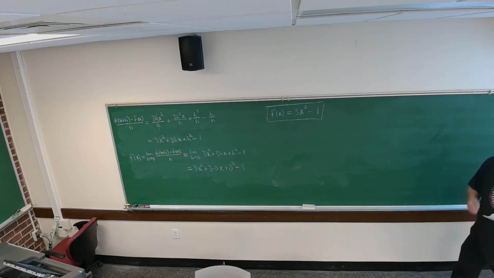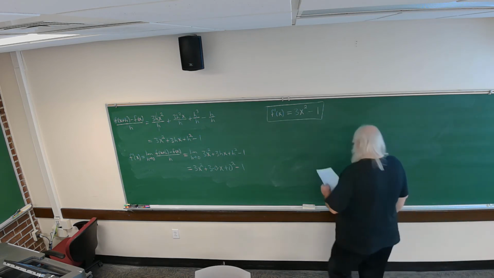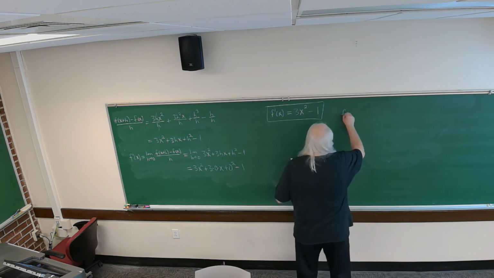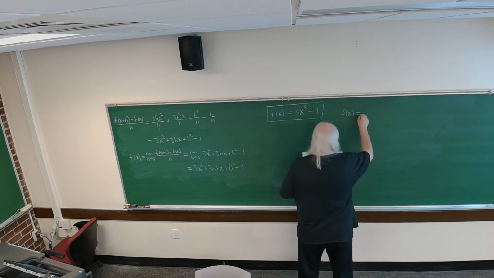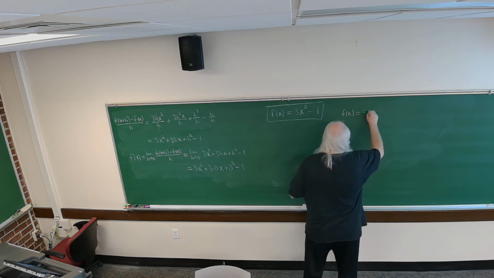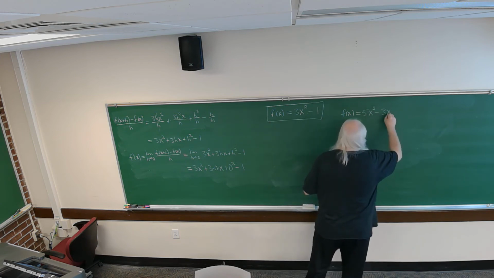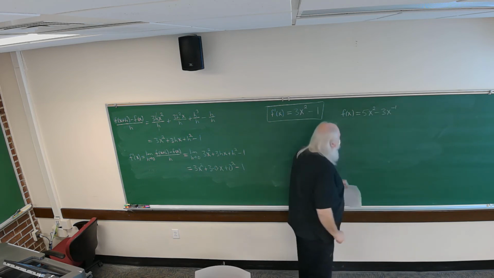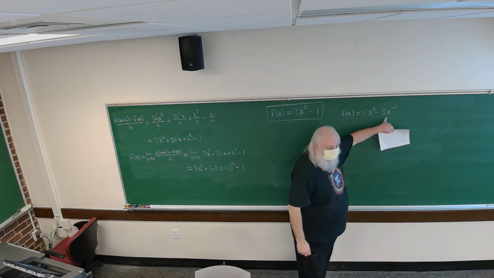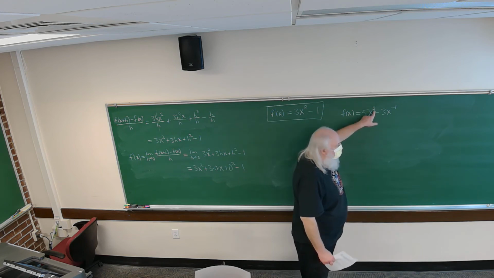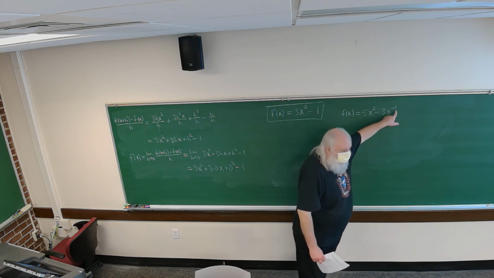So some examples of functions that are not polynomials is f of x equals 5x squared minus 3 times x to the minus 1, right? So the coefficients are 5 and minus 3. Now, 2 is a positive integer, but minus 1 is not, okay?